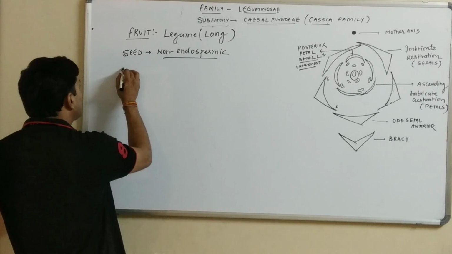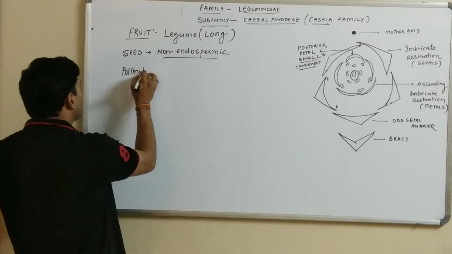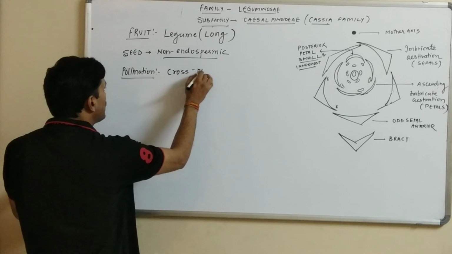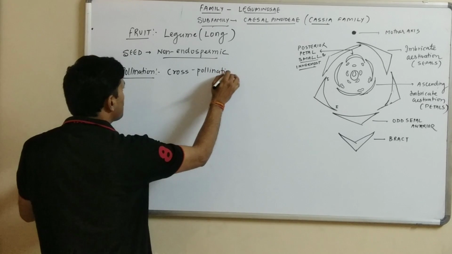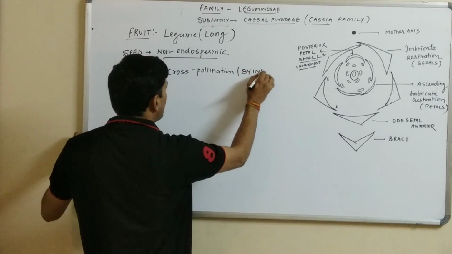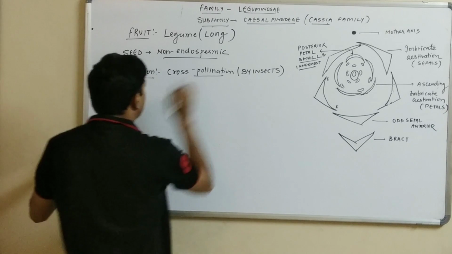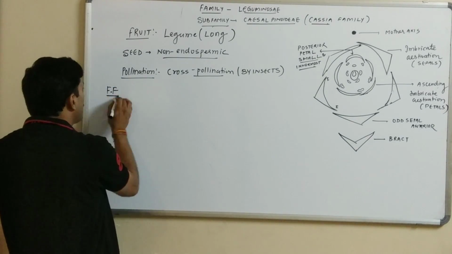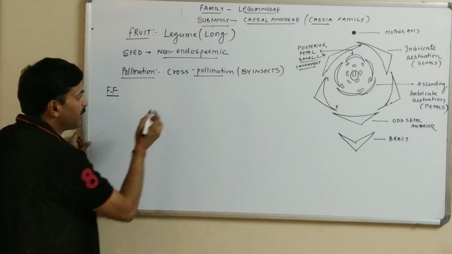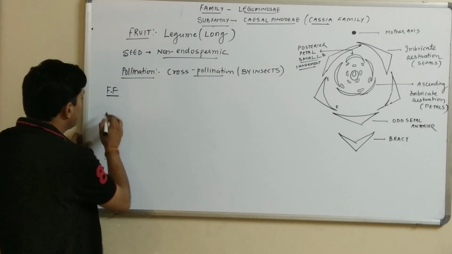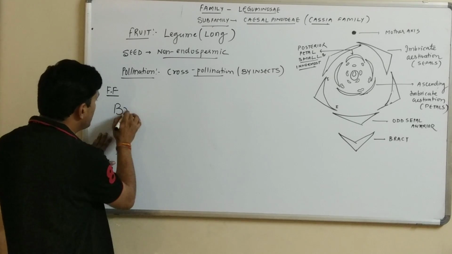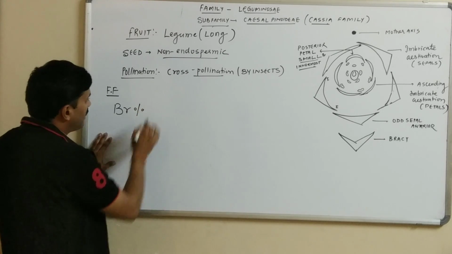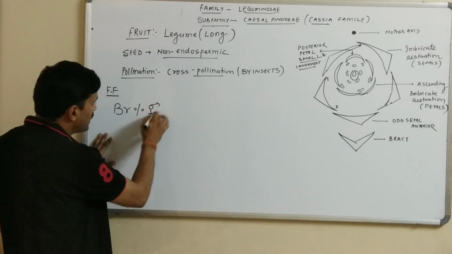Now, after that we come to the pollination. What type of pollination is found? So pollination is cross-pollination by insects. Okay, and after this we will be constructing the floral formula, which is based on the floral characters. We have studied the bracteate condition, bracteate, then zygomorphic flower, then bisexual.